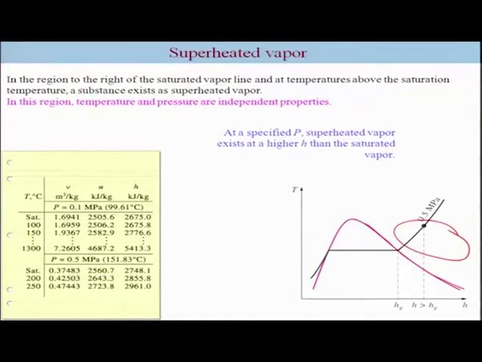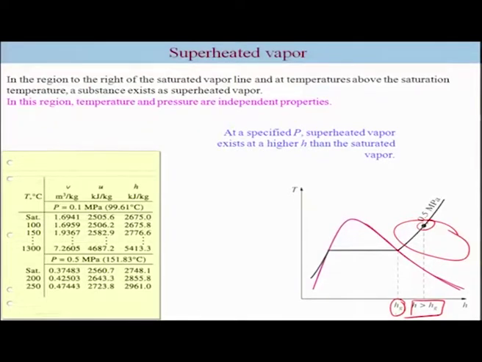So, the way to find out whether the system is superheated, let us say at a constant pressure, is by looking at its property, which should be greater than the saturated property. If this is the saturated vapor point, then the corresponding enthalpy is Hg. If the system is at a superheated condition, its enthalpy is going to be greater than Hg.